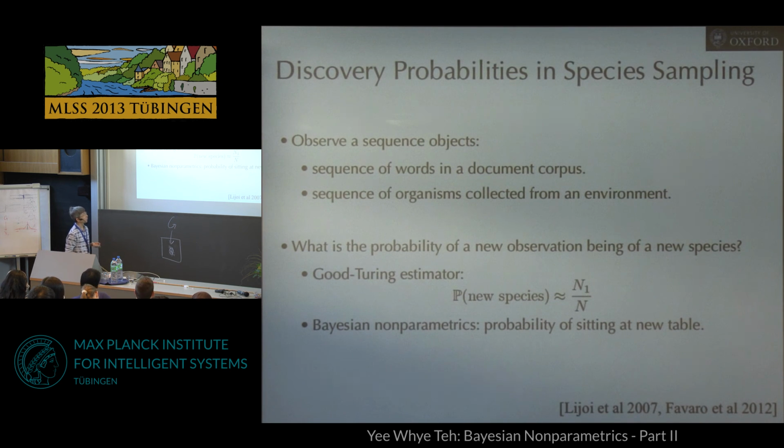For example, if I go out into the environment and collect 1,000 new samples, how many species do I expect to see? There's no Good-Turing estimator for that problem, while there are estimators based on Bayesian nonparametric models. And you can show that the estimators you get from Bayesian nonparametrics asymptotically converge to the Good-Turing estimator in this simpler problem.